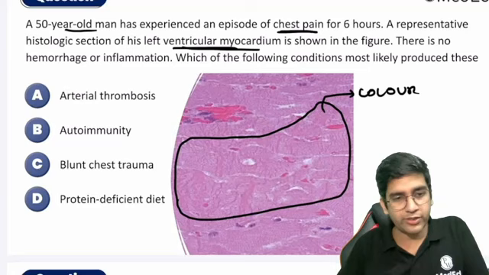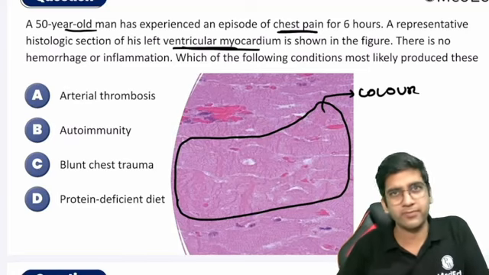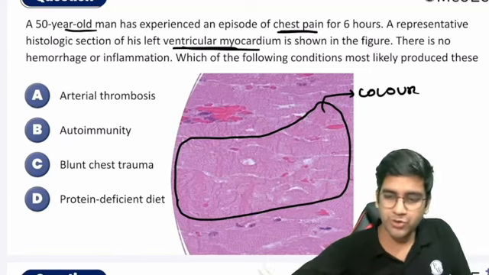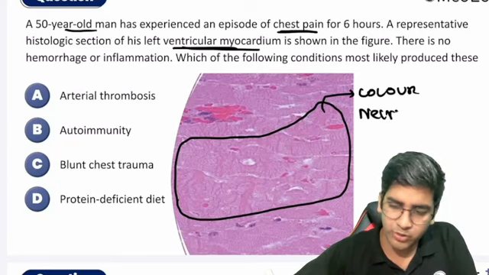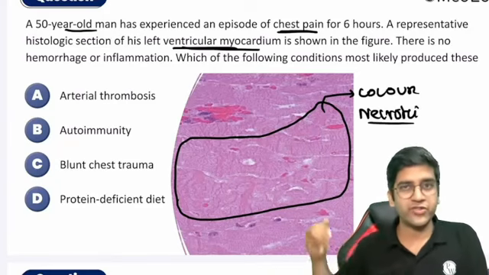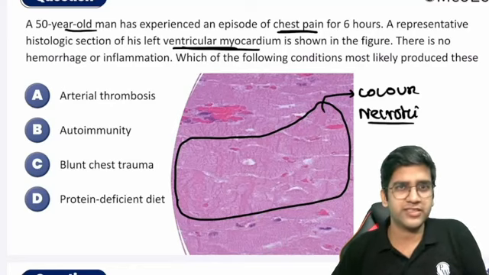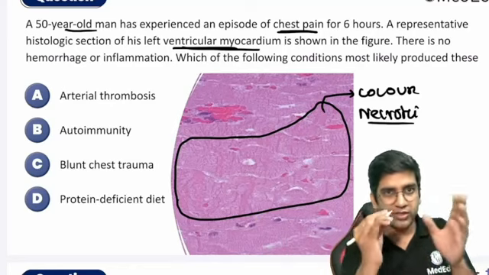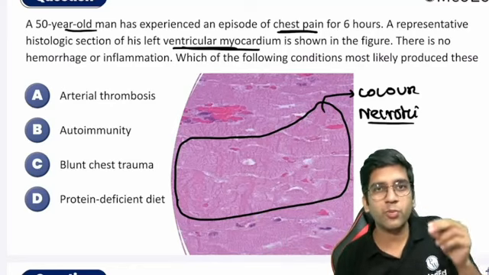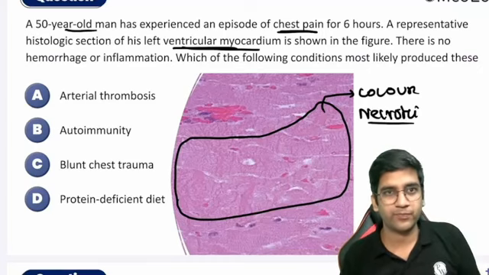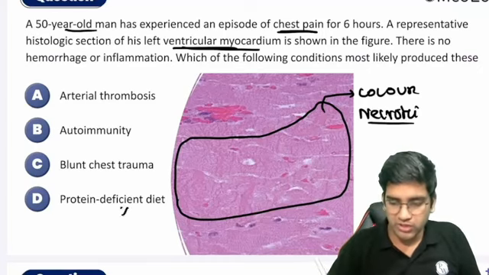With a chest pain and the person died, and predominantly pink color in my biopsy, can I say it's a necrotic tissue? Is that statement right? I'm sure most of you will agree it's a necrotic tissue. In other words, can I call this disease myocardial infarction? Heart attack? Yes. So now look at the options. Which of the four options can cause a heart attack? Will protein deficit cause a heart attack?